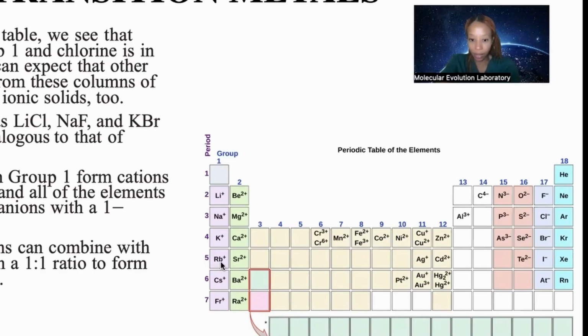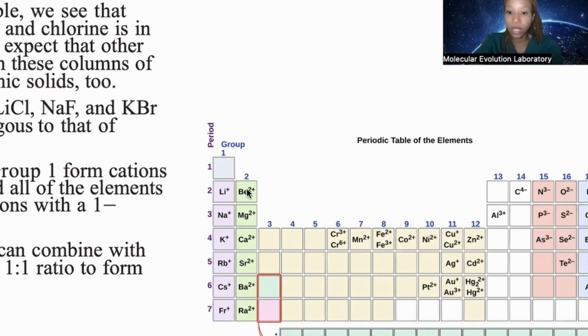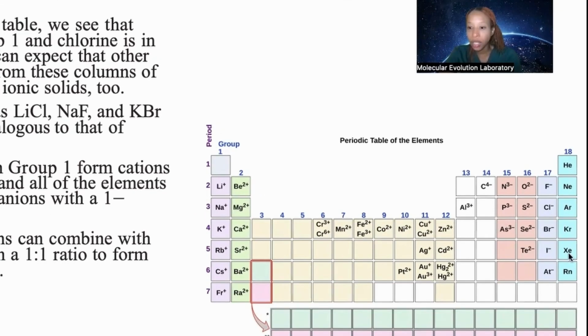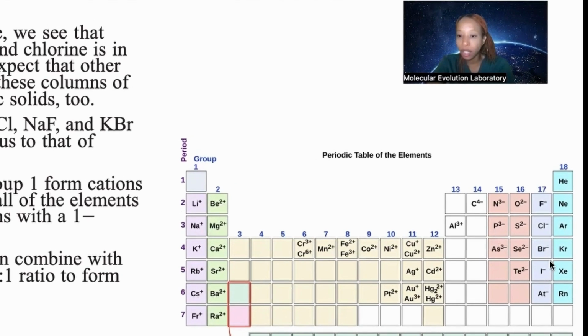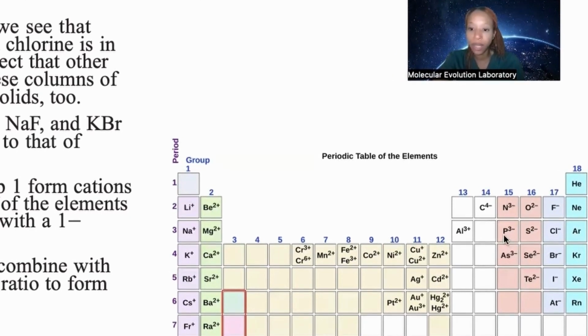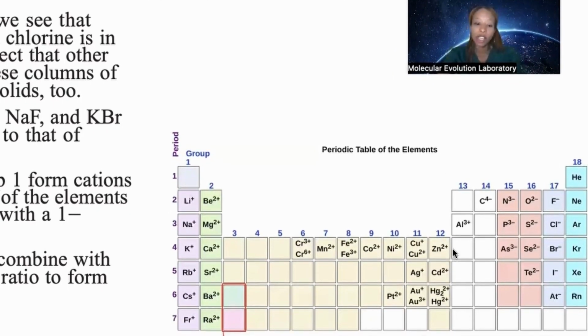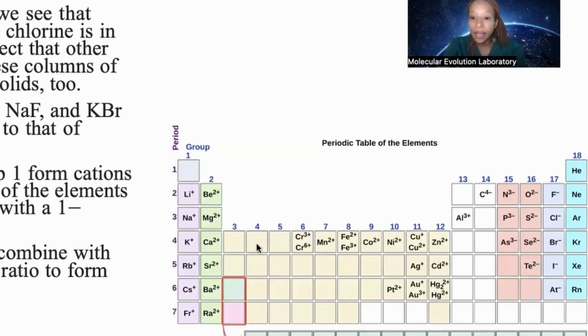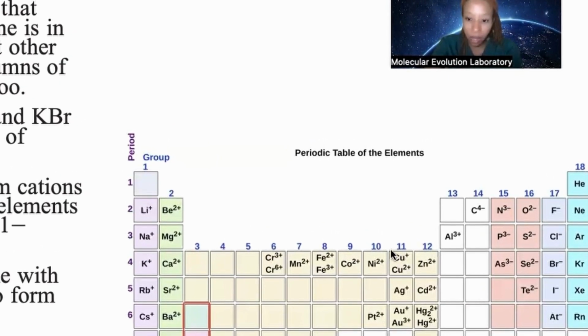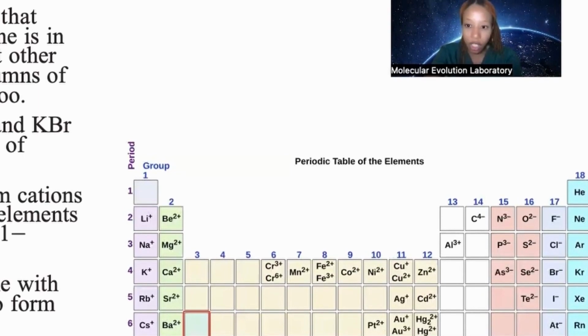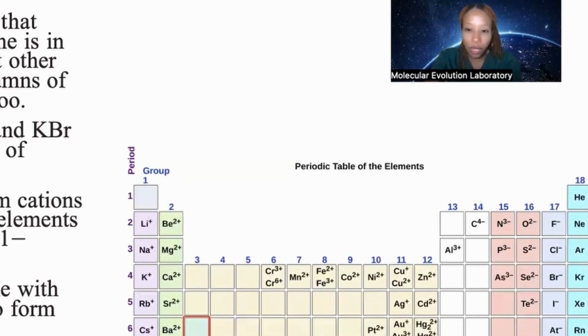And here we have the group 1 elements, and as we've emphasized before, these are +1 charge, these are +2 charges, these have no charges, these are minus charges, -2 charge, -3 charge, +3 charge for aluminum. And there are other transition metals with different charges that can also be combined.